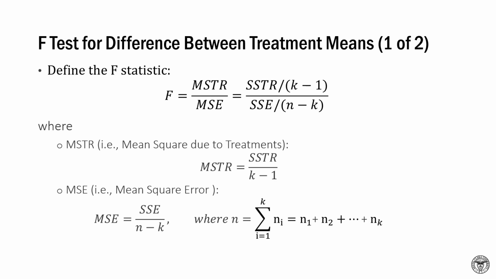If the F statistic is greater than the critical value, we reject the null hypothesis and conclude that at least one of the group's means is different from the others. The F-test is commonly used in experimental research to compare the effectiveness of different treatments or interventions.